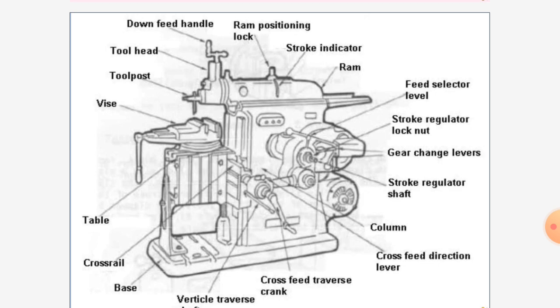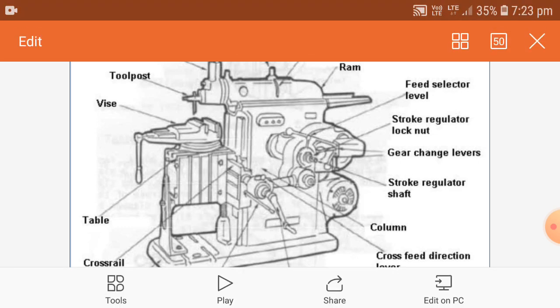It can be moved crosswise by rotating the cross feed rod and vertically by rotating the elevating screw. The table is a box-like casting with accurately machined top and side surfaces. These surfaces have T-slots for clamping the work.